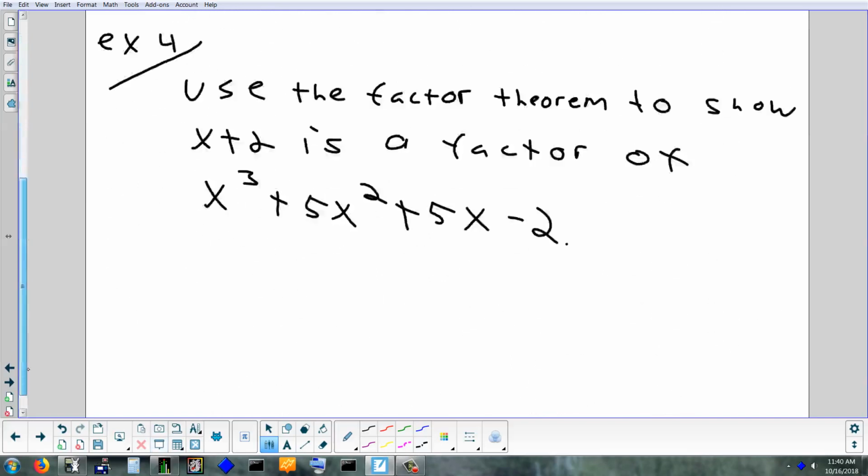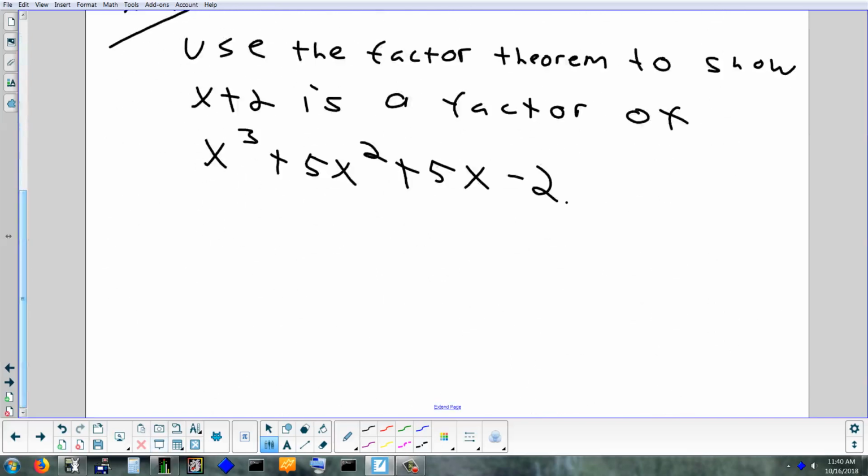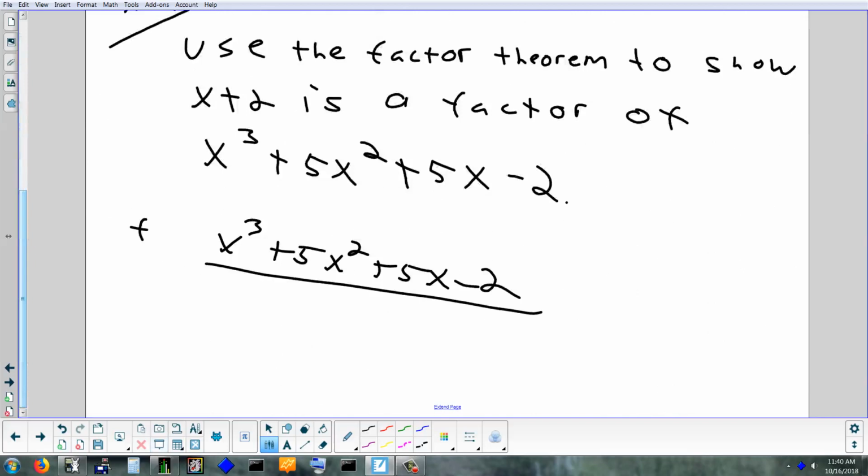That's the goal. Okay? So let's call the top f of x. Let's call the bottom h of x.